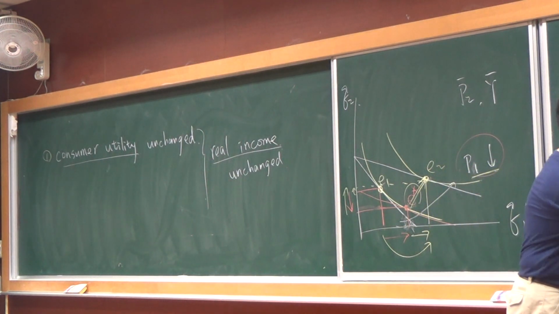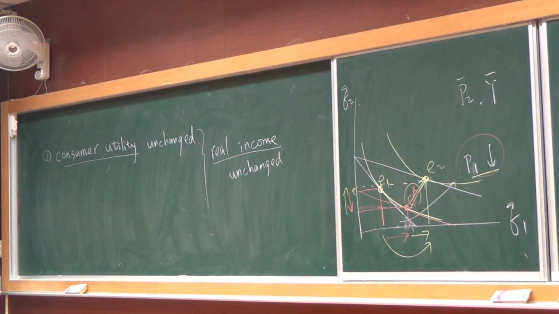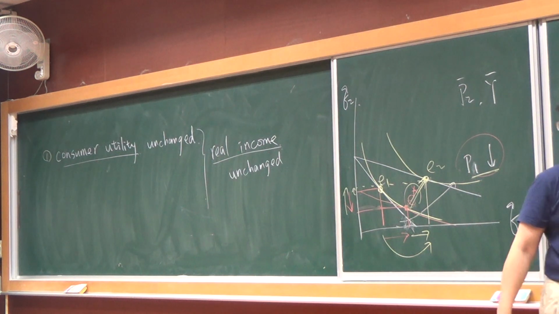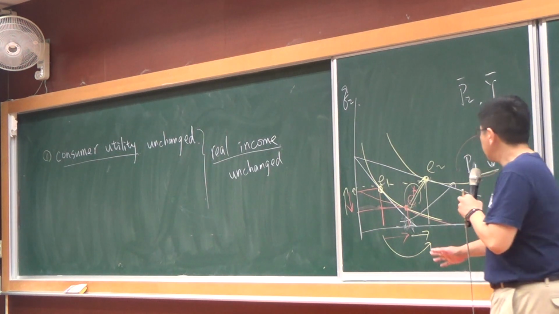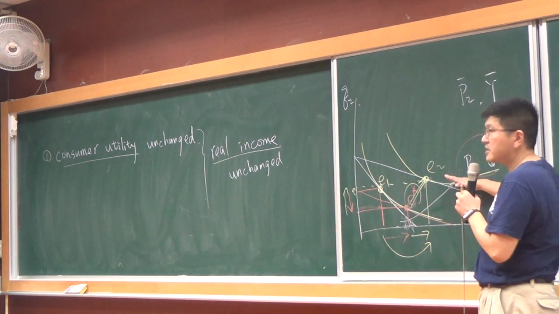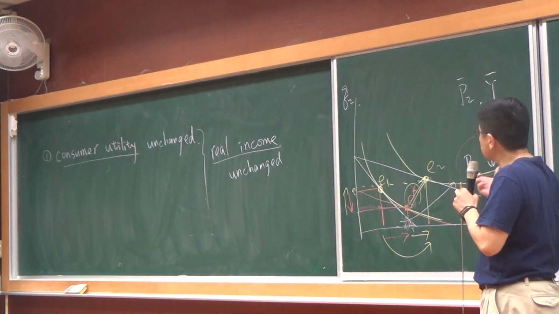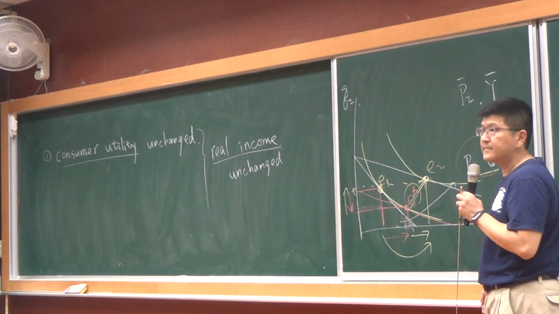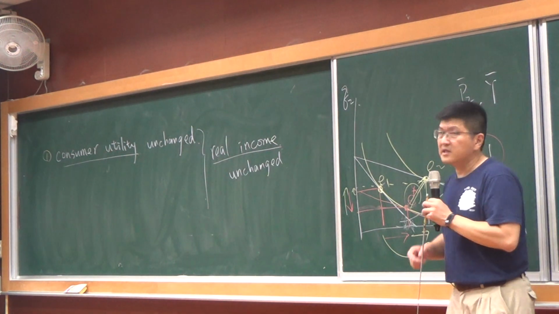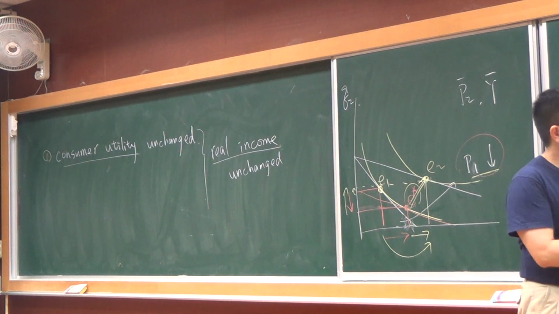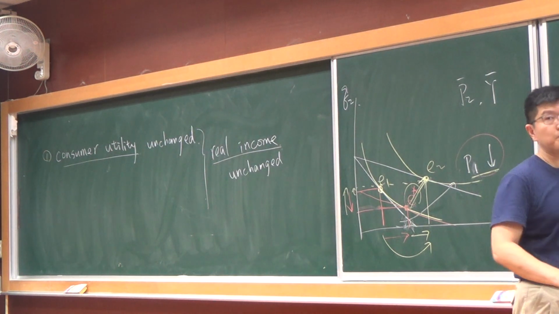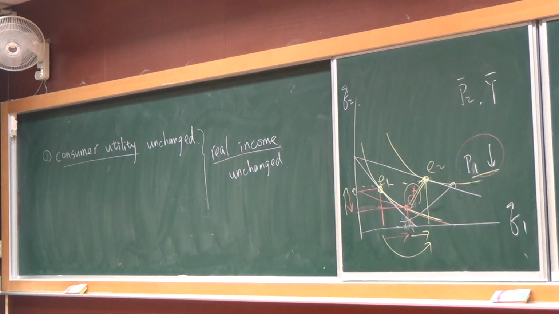From here to here, which is because P1 increases, okay? So the price effect from E1 to E2 is due to the increase of P1. From here to here is the decrease of P1. And we may decompose from E1 to E2 by a change in price, but holding the consumer utility constant.